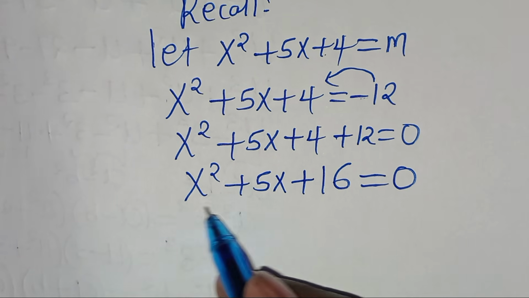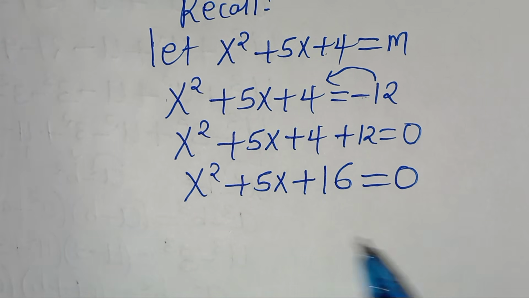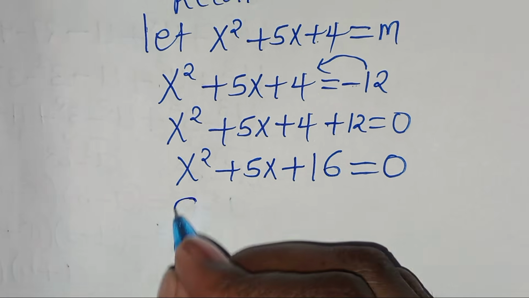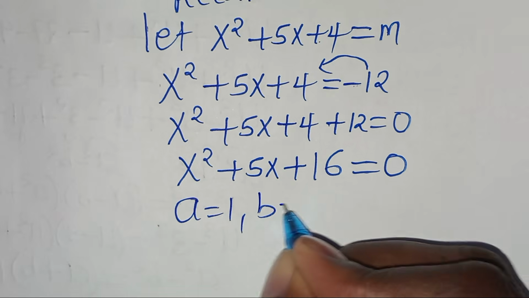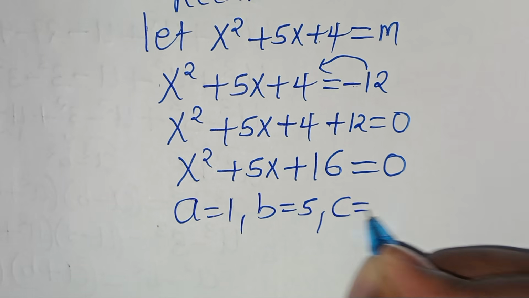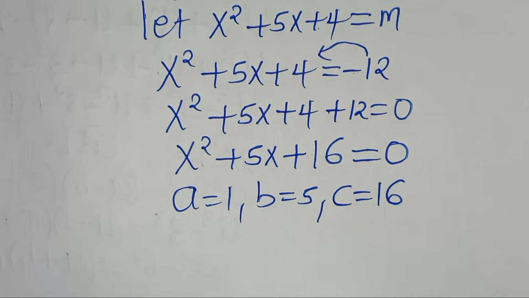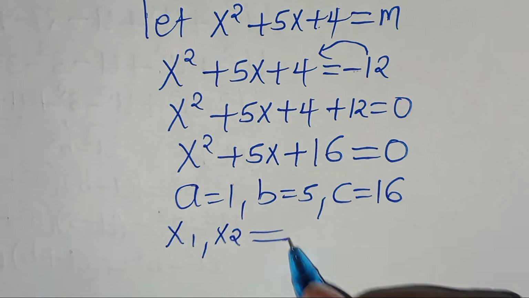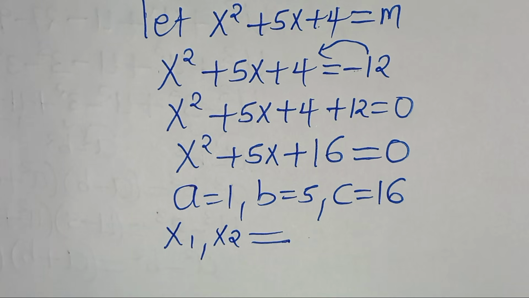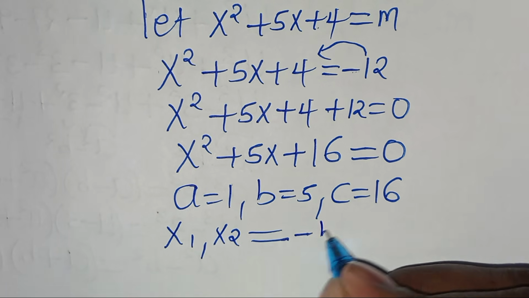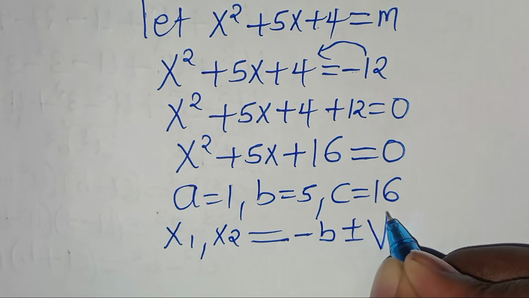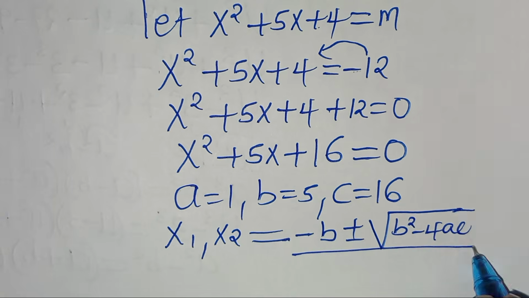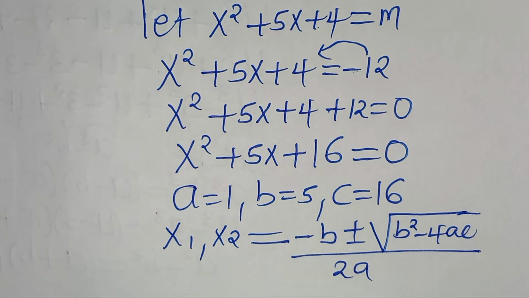Now, this is a quadratic equation where we have a equal to 1, b equal to 5, and c equal to 16. We can solve for x1, x2 by applying the quadratic formula, which is minus b plus or minus the square root of b squared minus 4ac, everything divided by 2 times a.